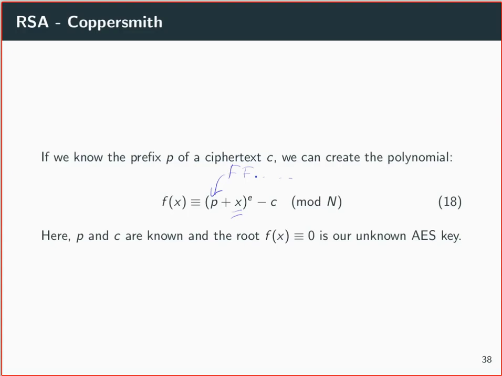Now, take a moment and think about when does this polynomial vanish? Where does it have a root? Well, this polynomial has a root. It becomes 0 exactly at the AES key.